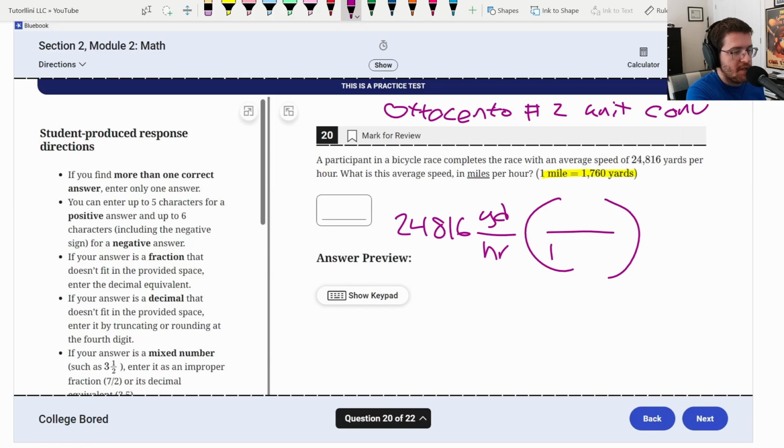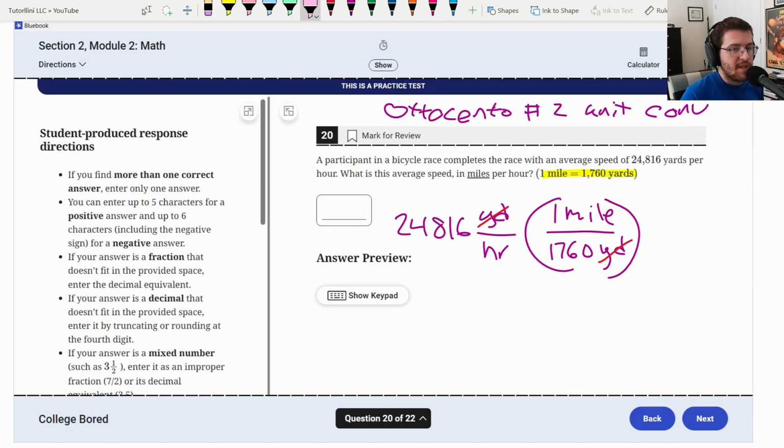And so I'm like, what goes on the top, what goes on the bottom? Well, if I put 1760 yards on the bottom and then 1 mile on the top, yards is on opposite sides of the division side, so the units will cancel, and I will be left with miles per hour, which is what we want. So all the hard part is done.